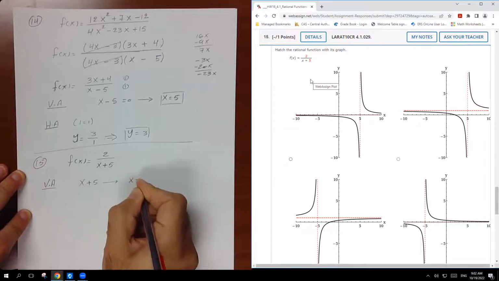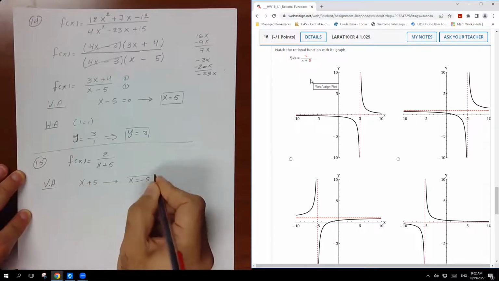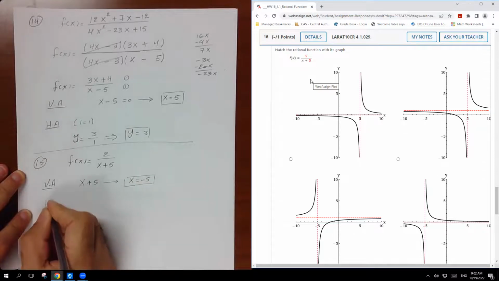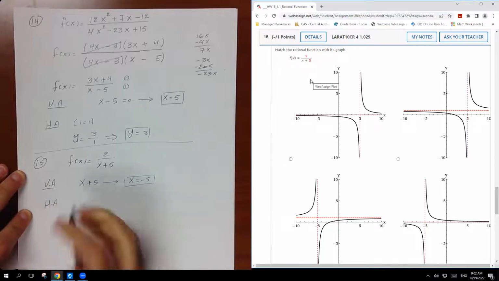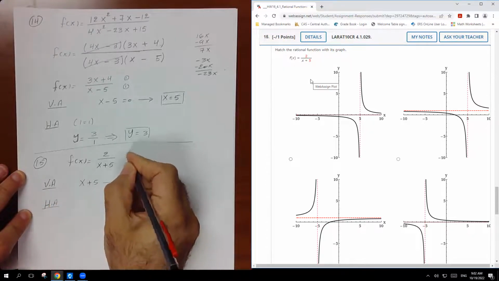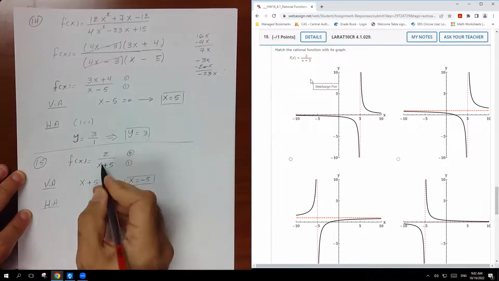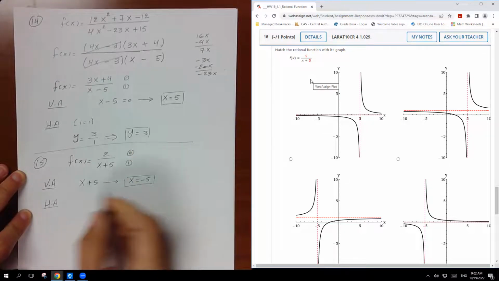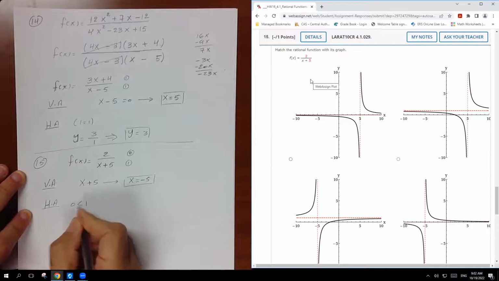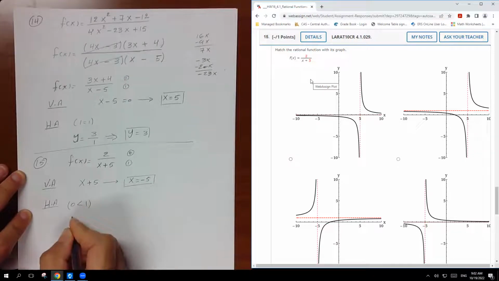That means x equals negative 5. Horizontal asymptote: check the exponents. The exponent here is 0. The exponent here is 1. That means 0 is less than 1. So our horizontal asymptote is y equals 0.